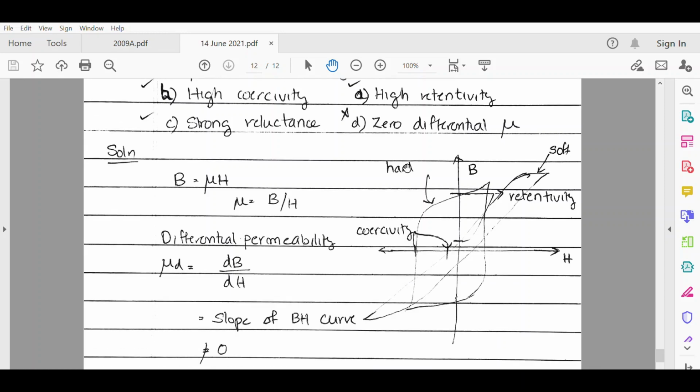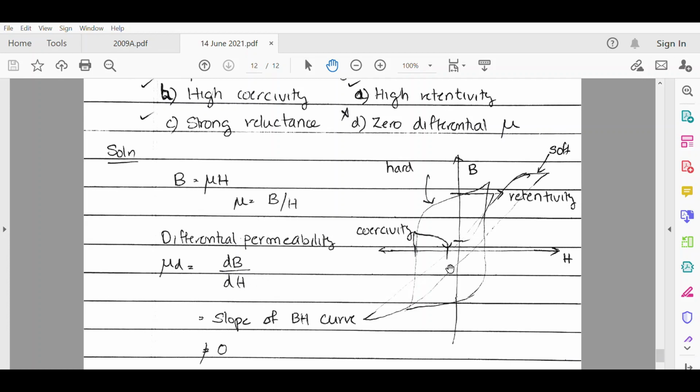Now we'll see what is differential permeability, and over here we have written the equation relating flux density and the magnetic field intensity or the magnetizing force, and the mu is obtained as B by H. Now differential permeability, this mu is nothing but permeability, and differential permeability is the change in flux density divided by the change in magnetizing force or magnetic field intensity, which indicates the slope of the BH curve.